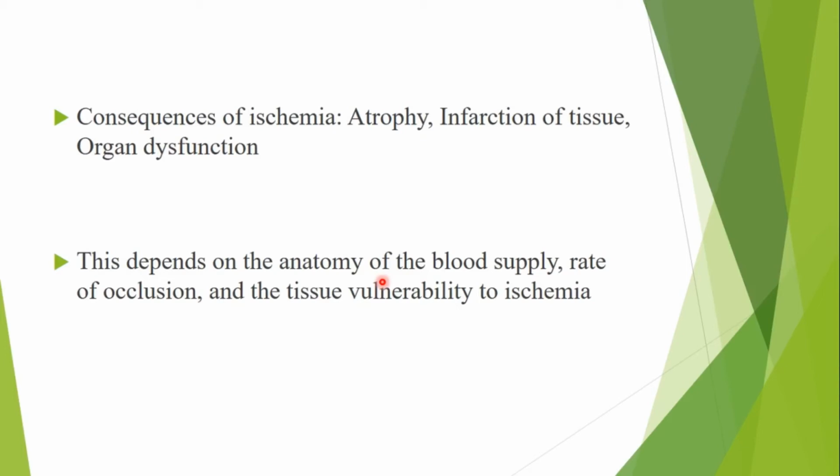For example, neurons undergo irreversible damage when they are deprived of their blood supply for only 3 to 4 minutes. Myocardial cells die after only 20 to 30 minutes, and we have cells in our bodies that can remain viable after many hours of ischemia. So these are the factors that can determine the outcome of ischemia: the anatomy of the blood supply, the rate of occlusion, and the tissue vulnerability to ischemia.